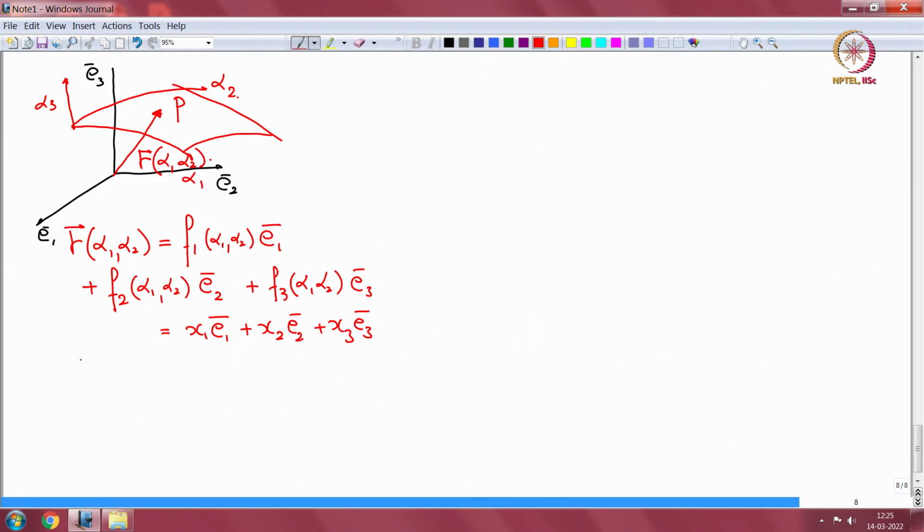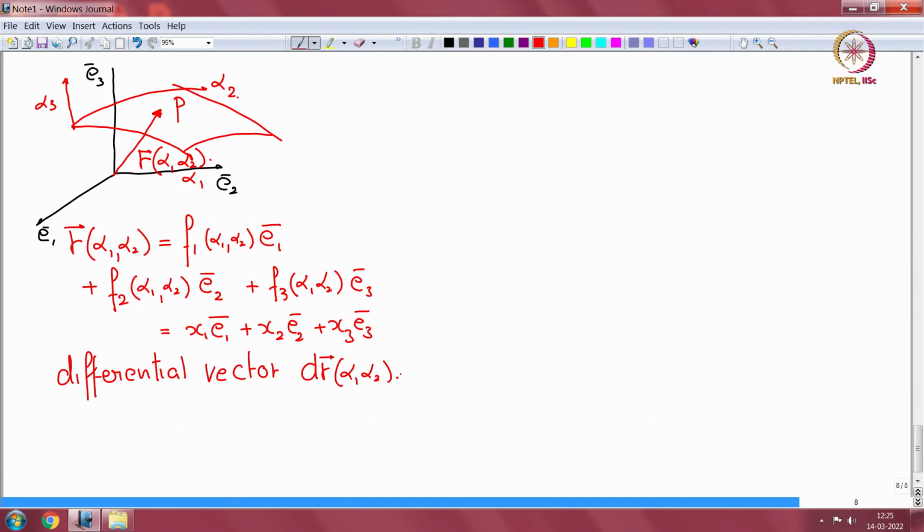The next step is I would like to describe a differential vector length, or differential vector dr of alpha 1, alpha 2.